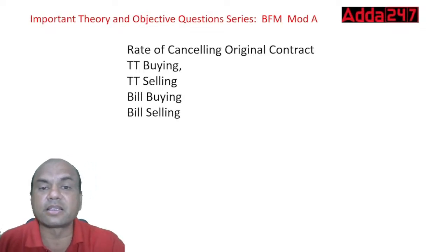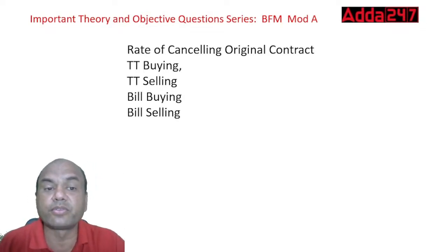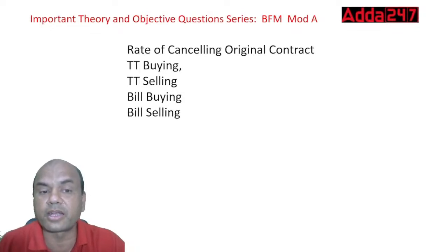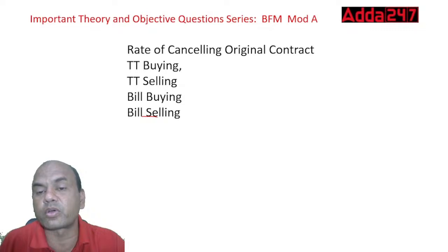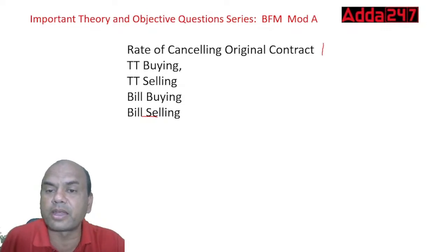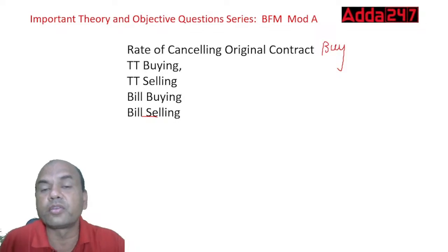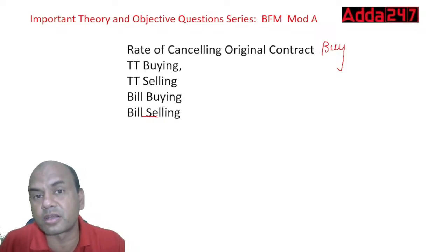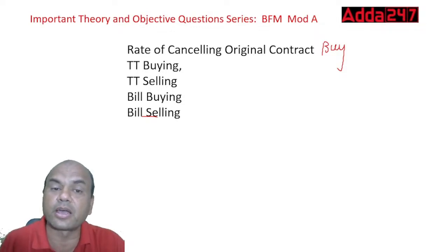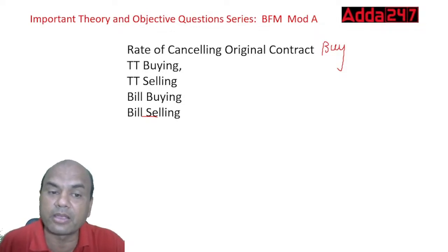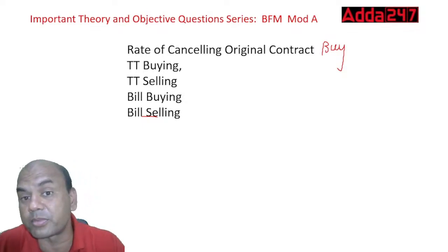Rate of cancelling the original contract, means whenever we cancel the original contract, it is done at what rate? TT buying, TT selling, bill buying, bill selling. Sir, it depends on what rate we are talking of. Suppose I am cancelling the buy rate. If I have purchased this dollar earlier, I might have purchased it at either bill buying or TT buying, depending on the type of transaction.